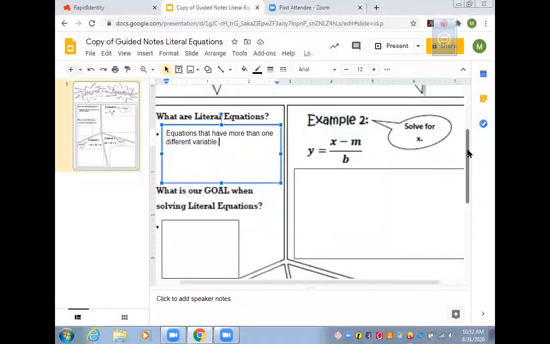Now our goal when we are solving literal equations is going to be to solve for the variable asked for in the problem.